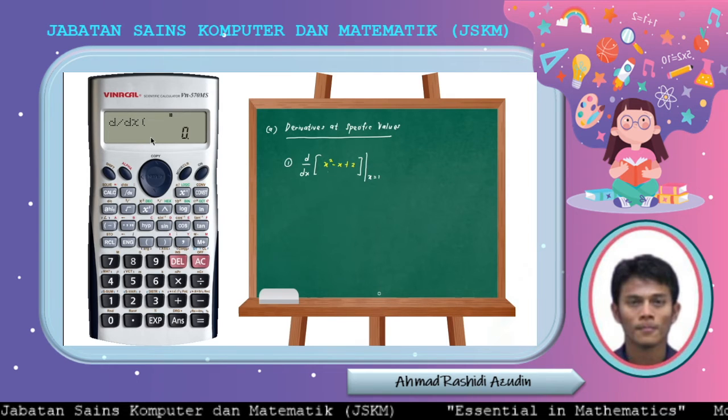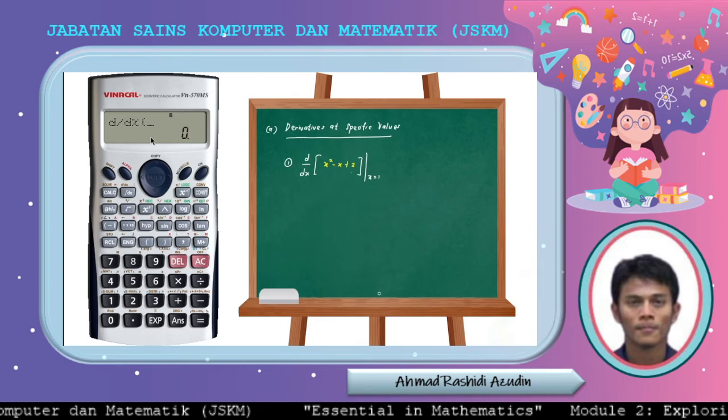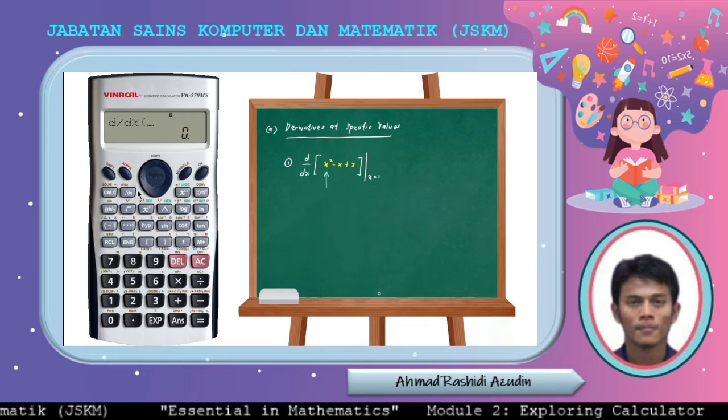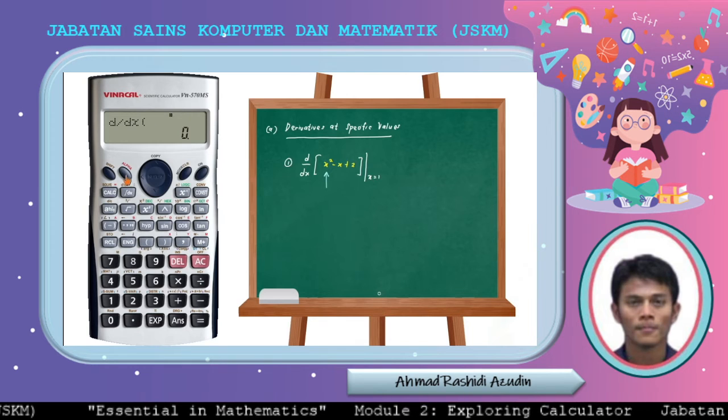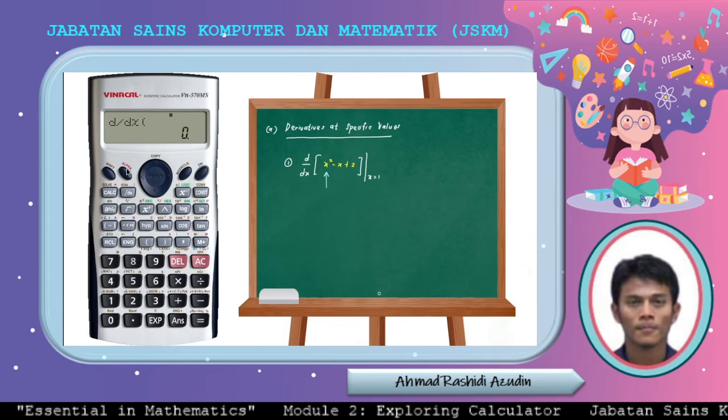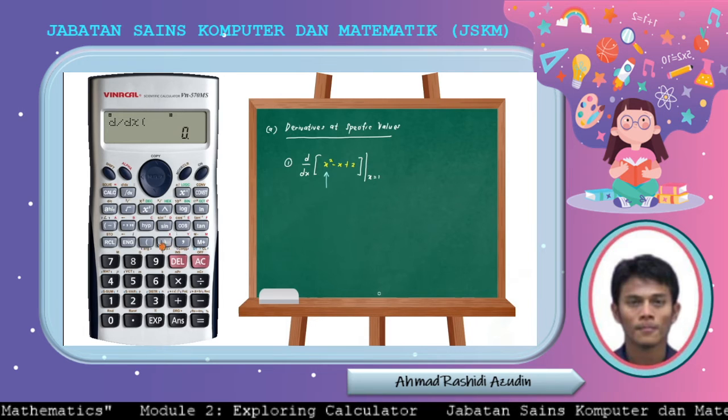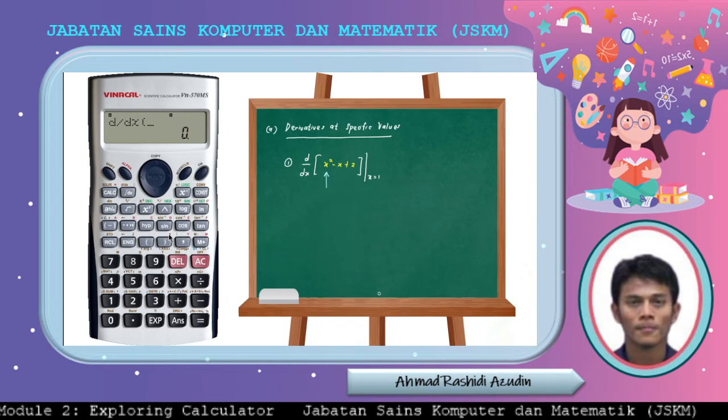Next, we key in the function x squared minus x plus 2. To include x squared, we press alpha, this button, and then followed by this button. Notice that at the top of this button we have the letter x.